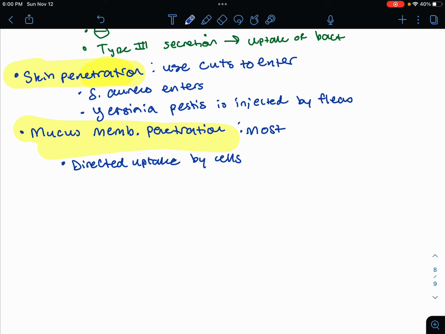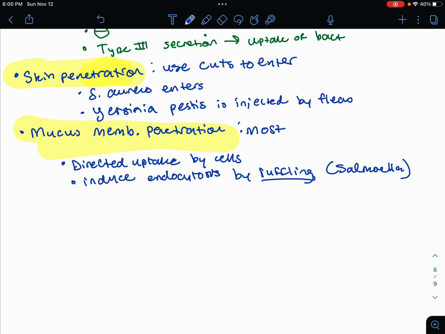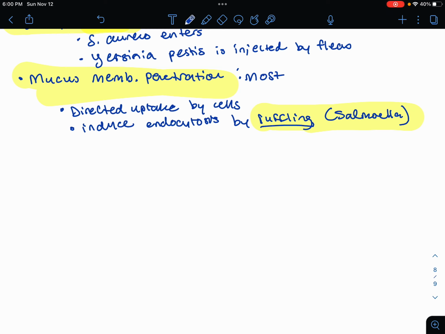So the pathogen will actually induce endocytosis. For example, Salmonella will do this process called ruffling. I meant to highlight it. There we go. This is going to, again, shake and scramble that membrane to gain entry into the host cell.